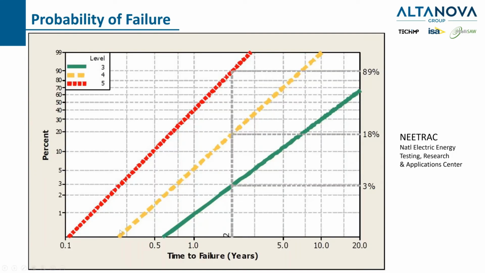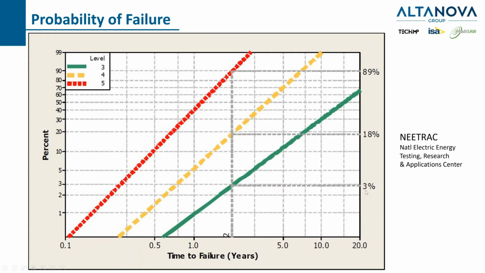This is the probability of failure that we were discussing for level 3, 4, and 5. It's from NETRAC, an independent agency out of Georgia, and they've taken statistics from the last 15 to 20 years, basically from utilities, to get these probability of failure rates. The colors are a little different than I just showed you, but for level 3, time of failure after 2 years, the probability is 3%.